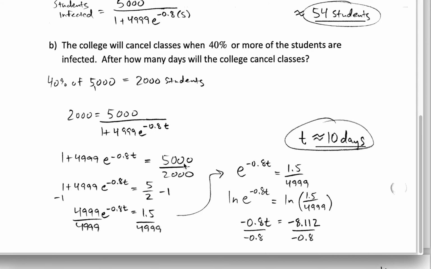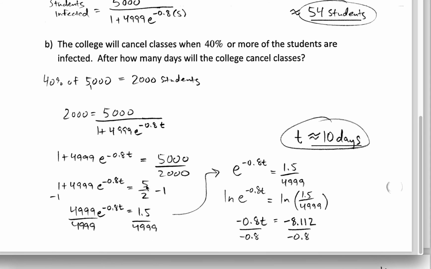So 5,000 divided by 2,000 is 5 halves, or 2.5. We're going to subtract that 1 for our first step there. Then we're going to divide by 4,999. Getting some decimal values here on the right that we could approximate or keep in fraction form.